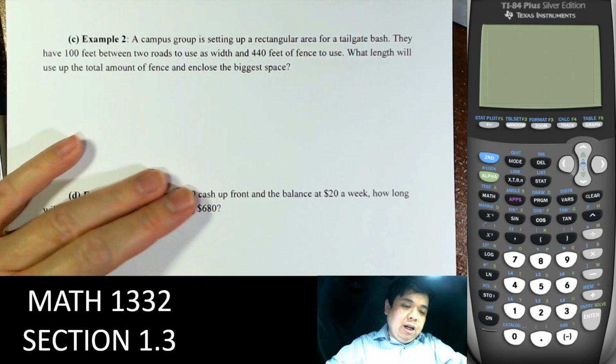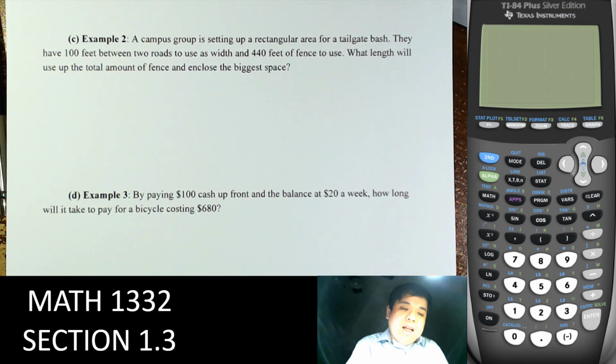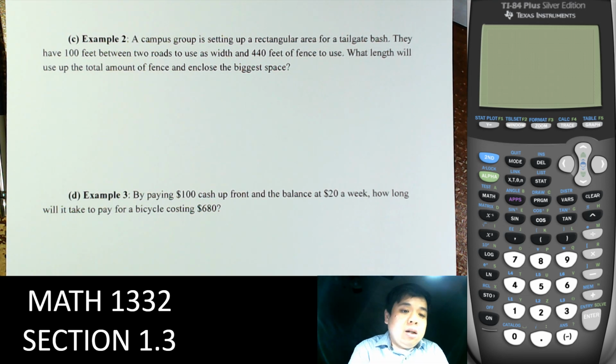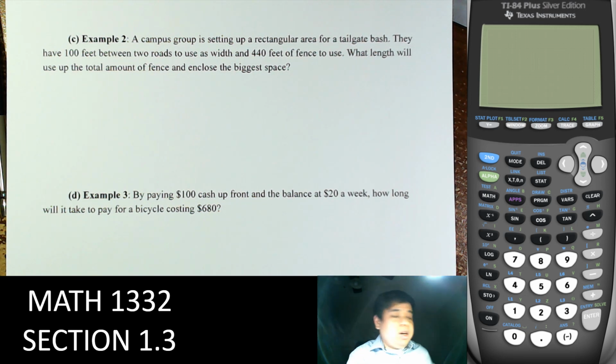Next, a campus group is setting up a rectangular area for a tailgate bash, and they have 100 feet between two roads to use as width and 440 feet of fence to use. What length will use up the total amount of fence and enclose the biggest area?